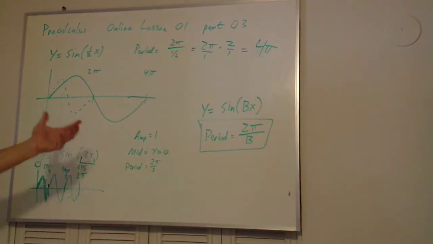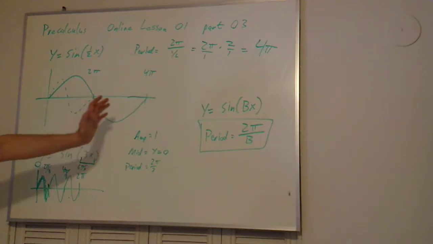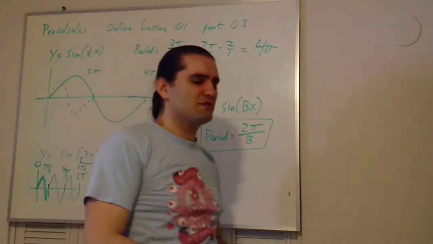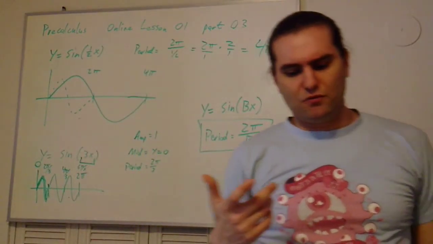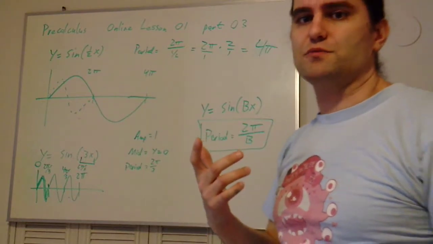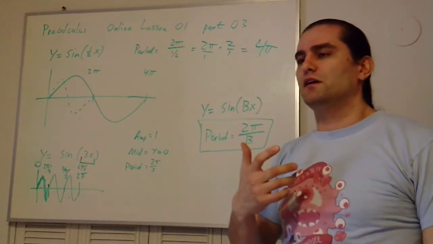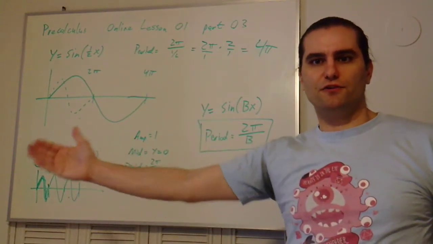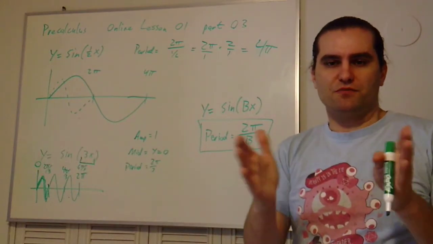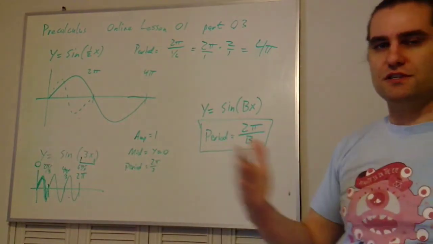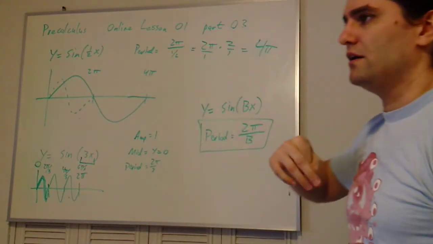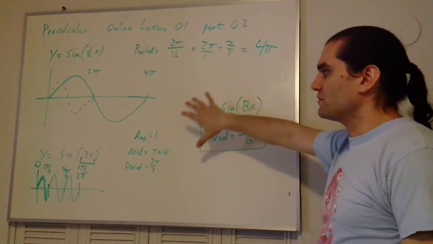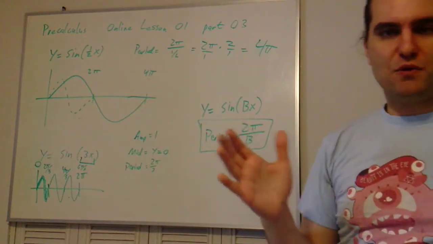So again, this is functionally the same as horizontal stretching and squishing, but we're not calling it that, we're calling it the period. And this one's actually fairly different. Before, when we talked about horizontal stretches and squishes, we talked about them in terms of how many times thinner or times wider, you know, twice as wide or 3 times as wide, or half as wide, a third as wide. We always use these fractional, or multiplicative, comparisons. For trig functions, we're not really going to talk about half as wide or twice as wide.